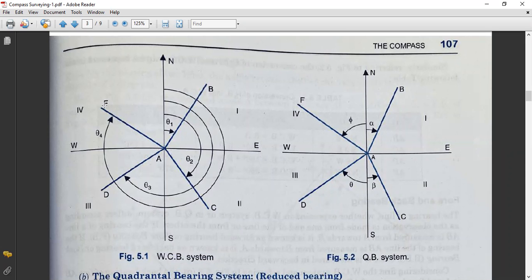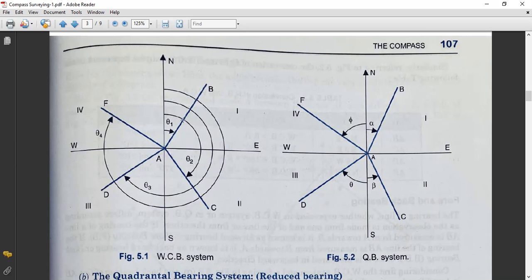The whole circle bearing of line AB is theta 1. How? The whole circle bearing of any survey line is measured in clockwise direction from north to south. See here, north, south, east, west quadrants I have drawn.